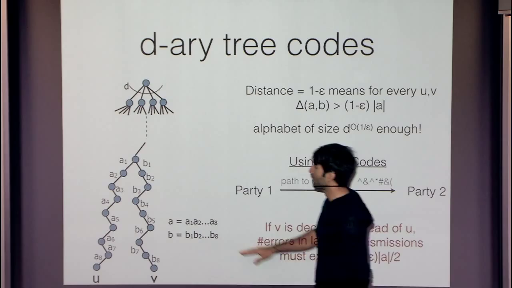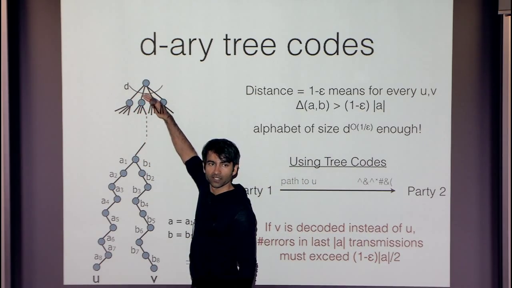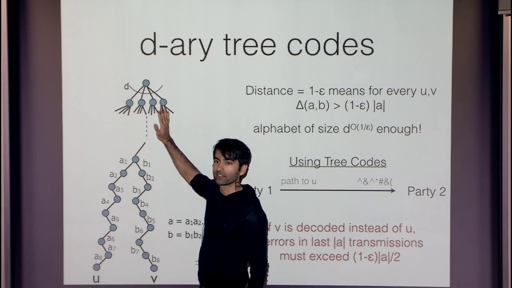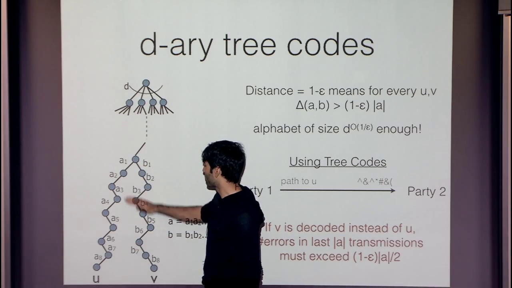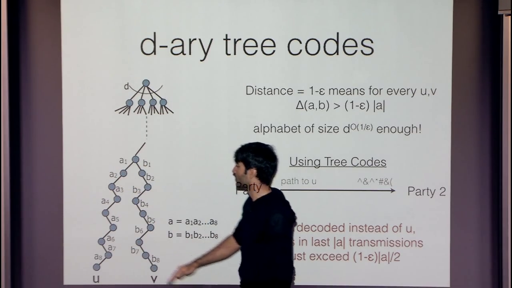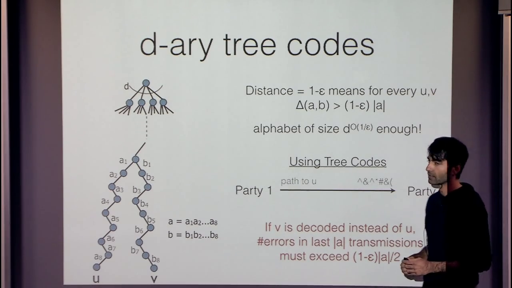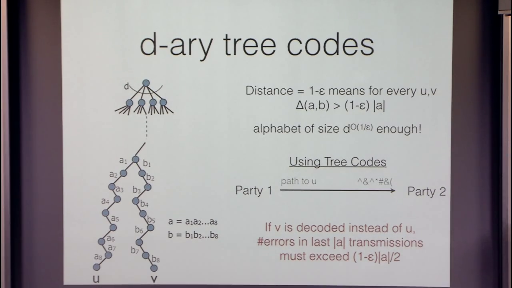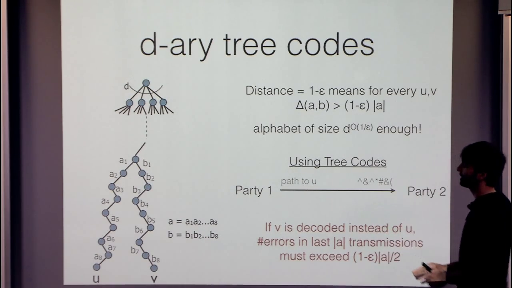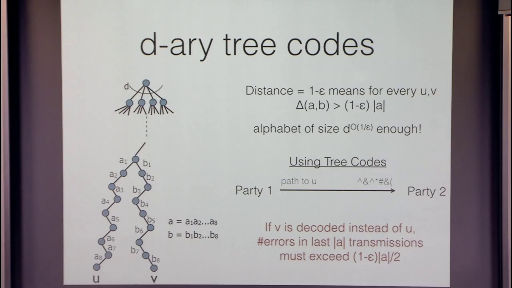Because u and v agree on all the labels in this part, so they're doing exactly the same, and the only place where they're doing differently is in this part of the string. So if the fraction of errors there is smaller, then u would be more likely than v. Okay, so that's the key property that we'll use.